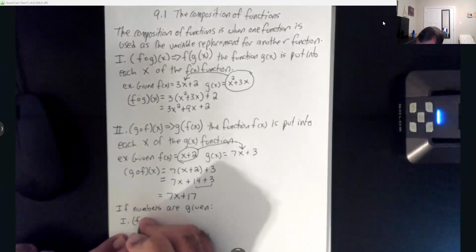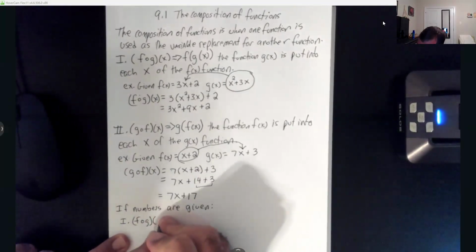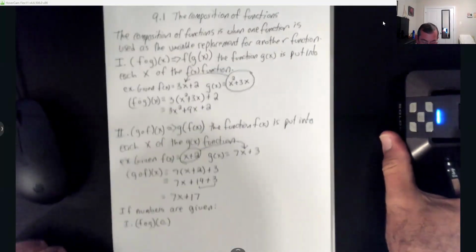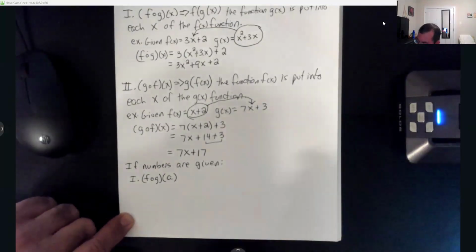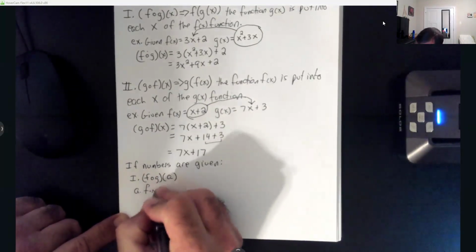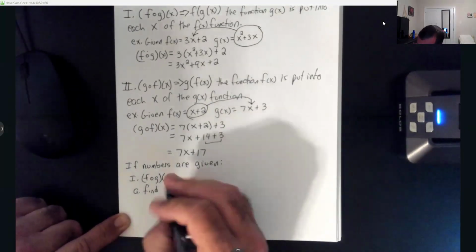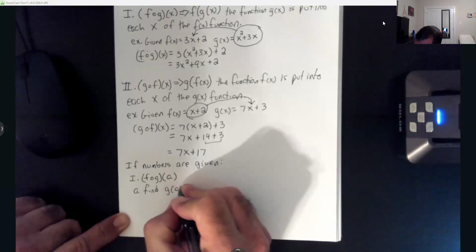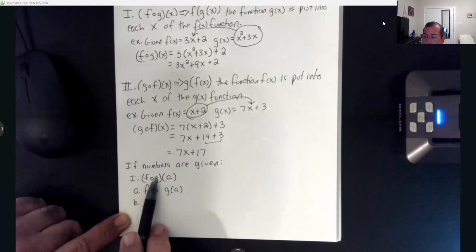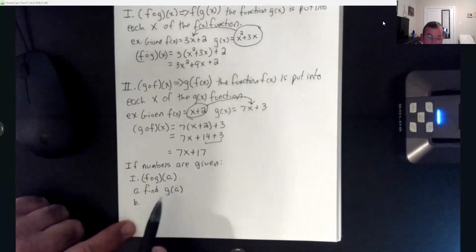So for F composed G of some number, we don't know the number, we're just going to call it A. So if they give you a number, the first thing you're going to do, you're going to find G of A. And I'm going to put my number into the G function, see what that equals.